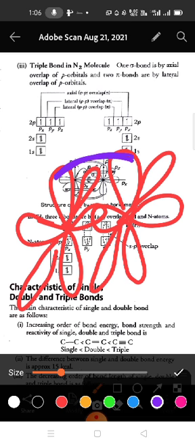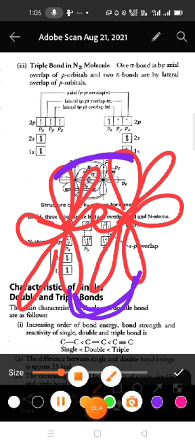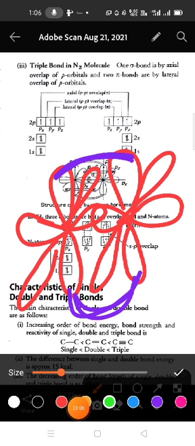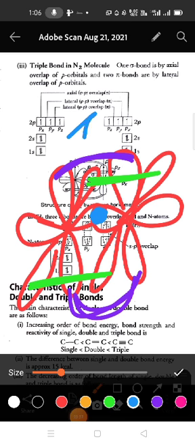This will overlap with this, this will overlap with this, and another one is this. This light blue color is showing the sigma, and these two are showing the pi.